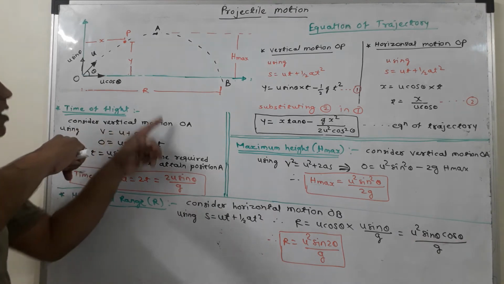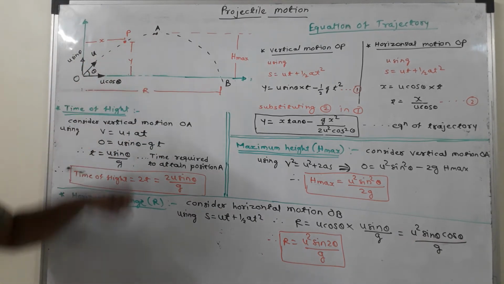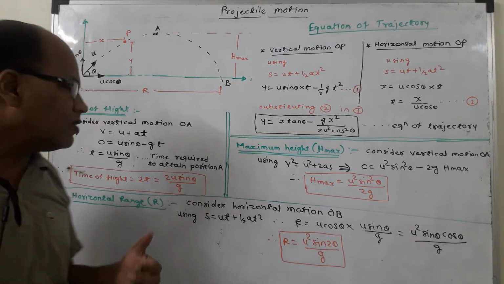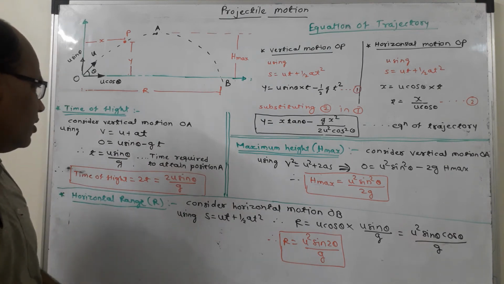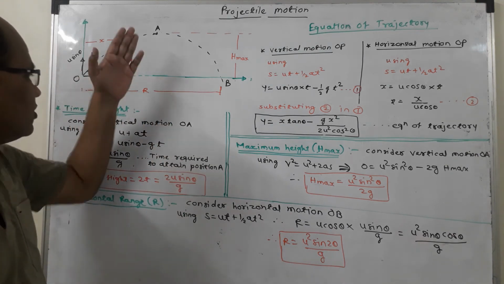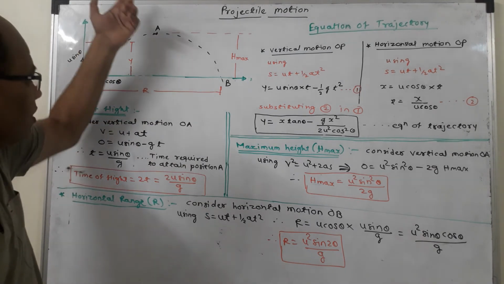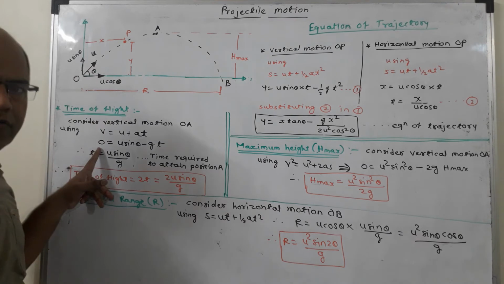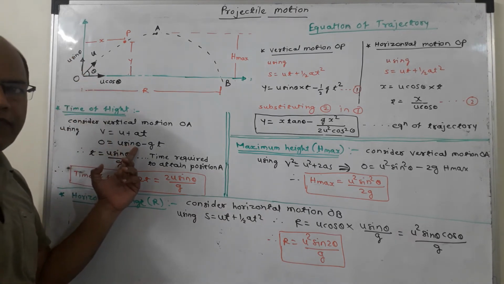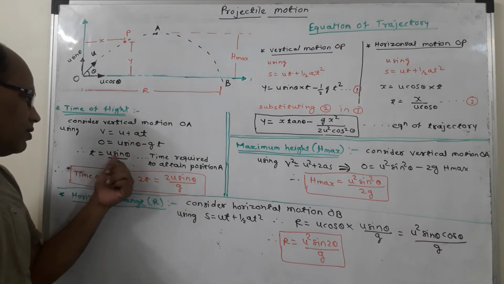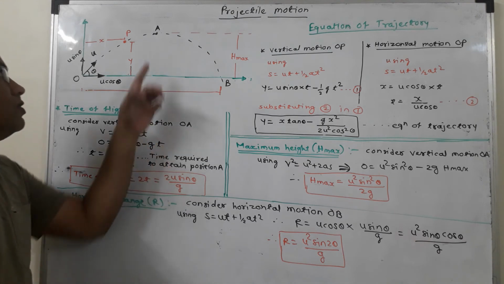So consider vertical motion from O to A, and I am using the first equation of kinematics, v is equal to u plus at. V is the final velocity. As I am considering the motion from O to A, the vertical final velocity at A is 0, equal to u, the initial vertical velocity, u sin theta, minus g into t, and t is equal to u sin theta upon g. It is the time required to attain the position A.